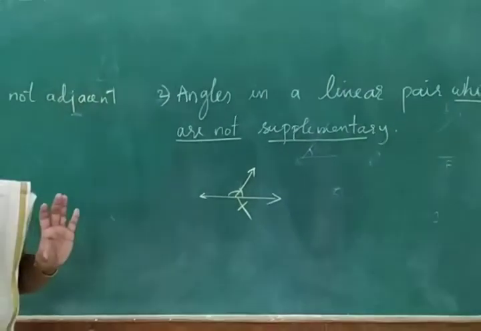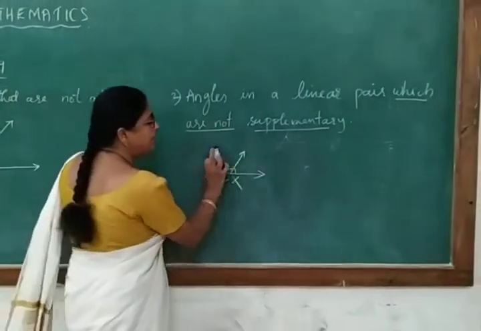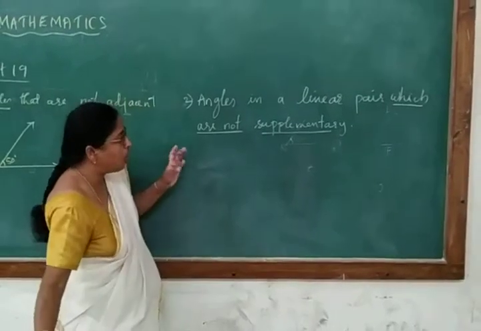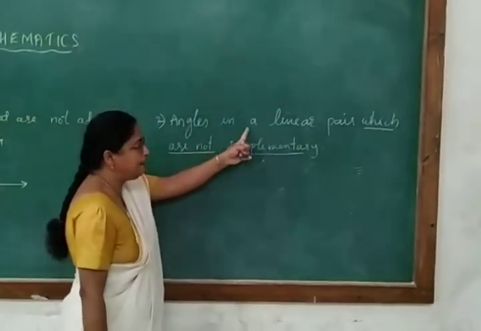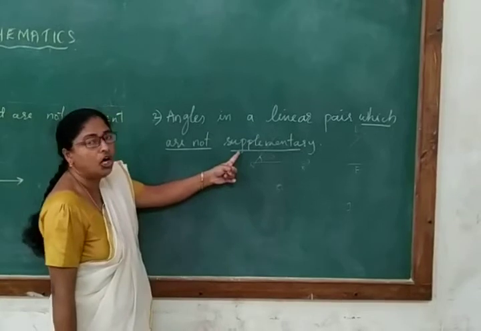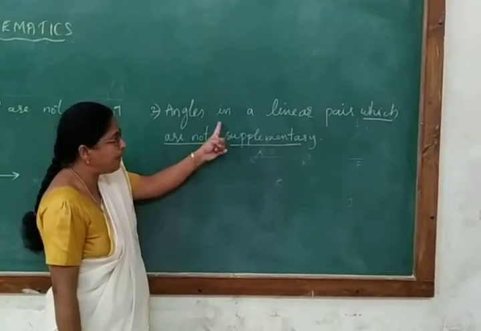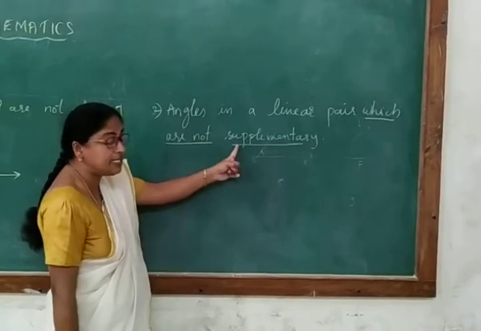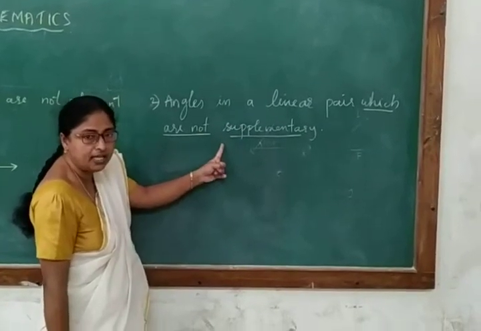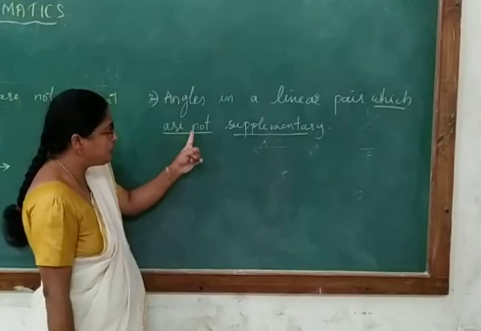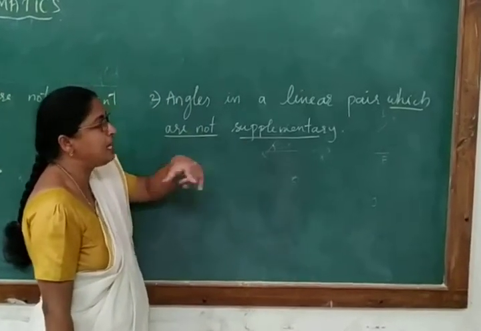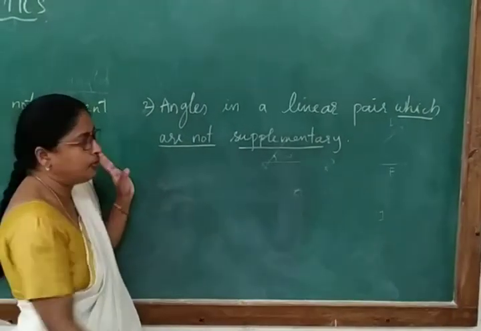So this figure we are unable to draw because the linear pair will be always supplementary angles. The linear pair of angles will always be supplementary angles. So if the question is not supplementary, we cannot draw that figure.